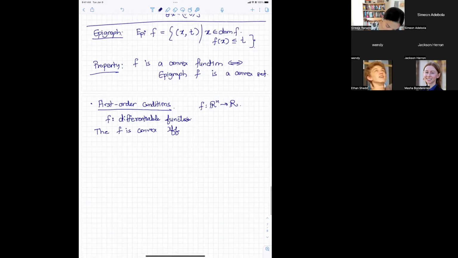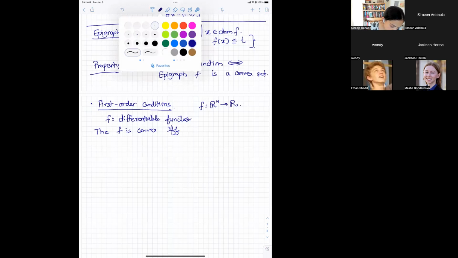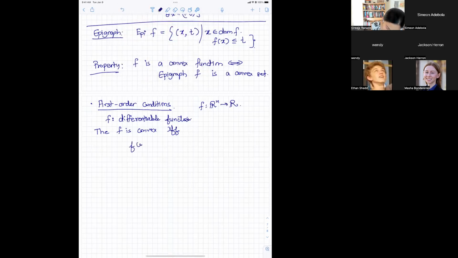If and only if I can write that f(y) is greater than or equal to f(x) plus the gradient at x times (y minus x), for every x, y belonging to the domain of f.